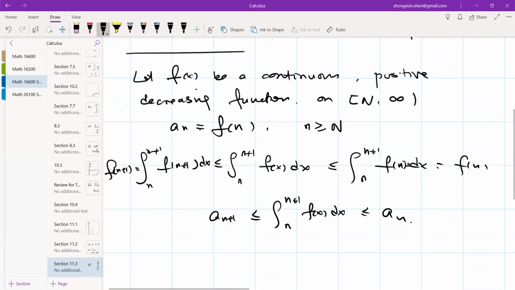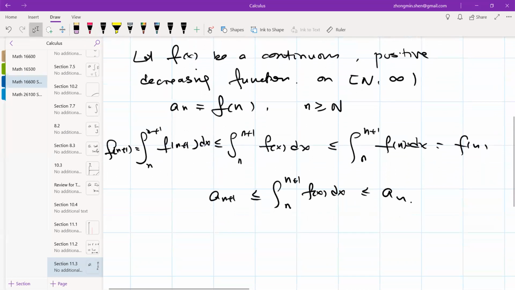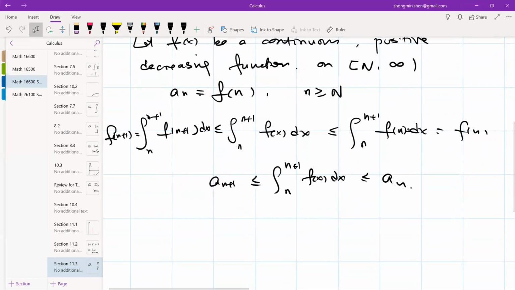Okay. So now you're going to add them together, sigma n from capital N to k, a_n less than the integral. If we add them together, you have many integrals, but because the integrals can combine into one single integral, that's great.